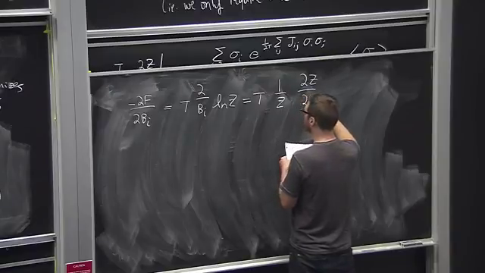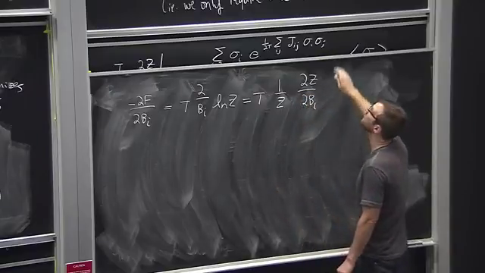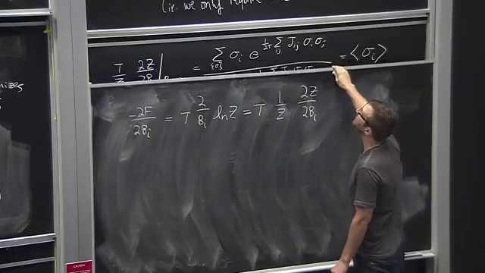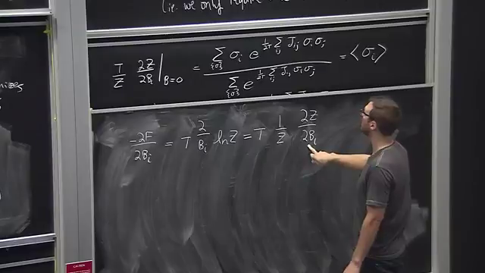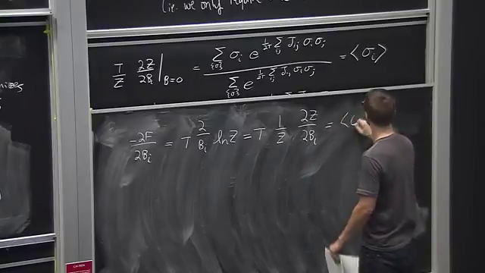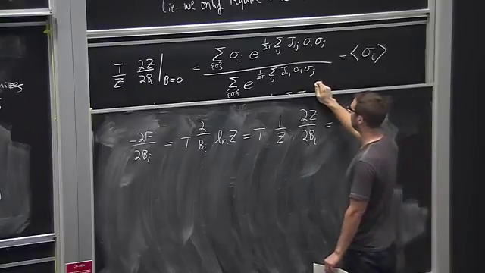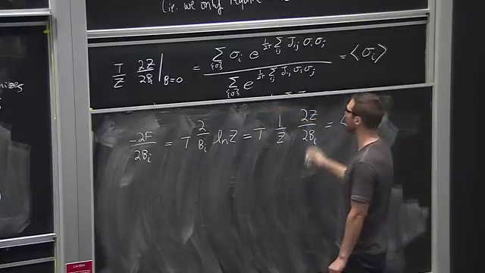Partial with respect to B_i. I think I erased it maybe. Okay, I can call this sigma_i here. That's what I just wrote behind the board.